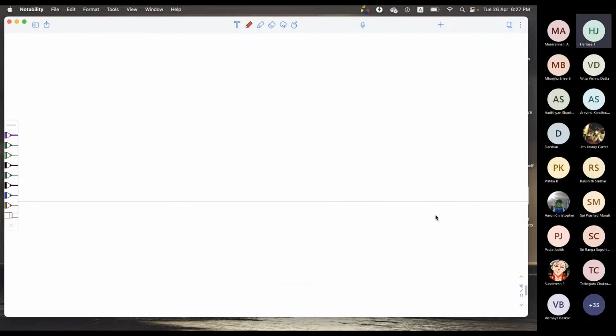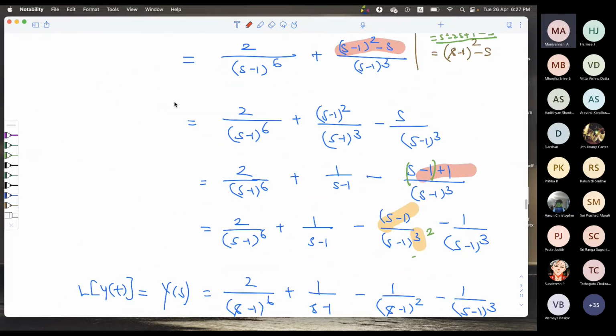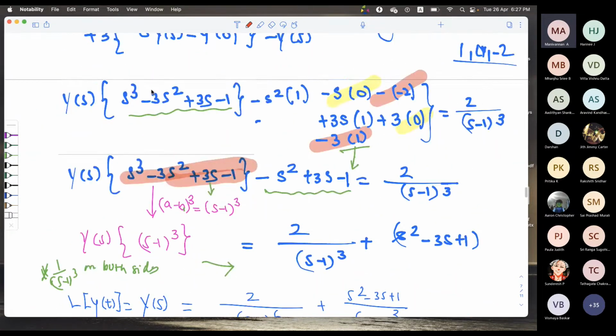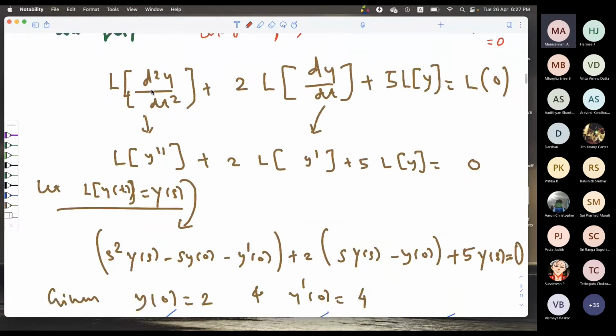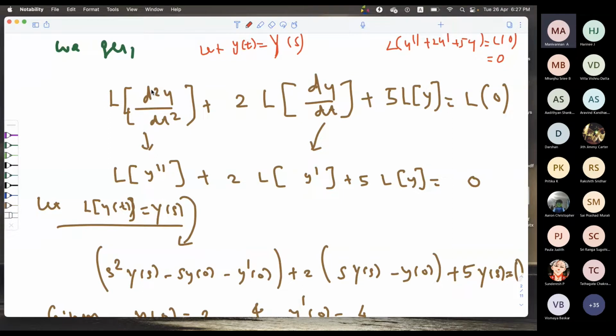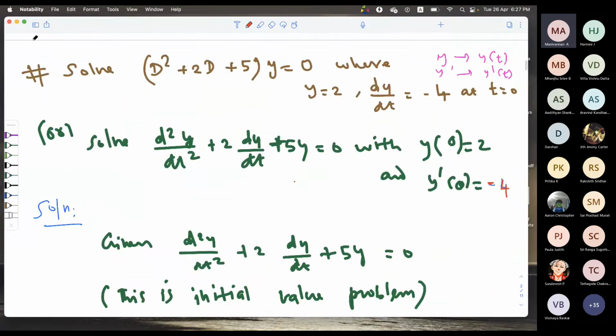Yes, sir. So in this way, we solve ordinary differential equations using Laplace transforms. Once we know the basic Laplace transform formulas and the inverse Laplace transform, as well as convolutions, then we are able to solve this type of problem.